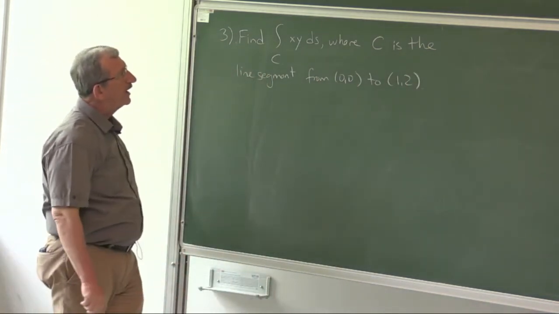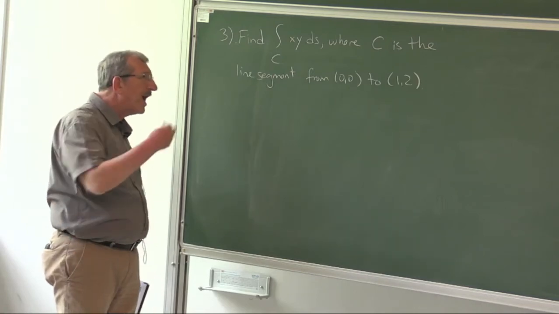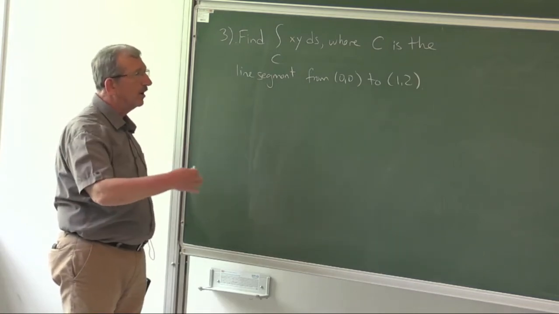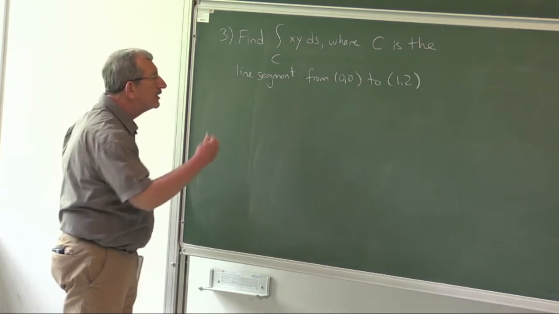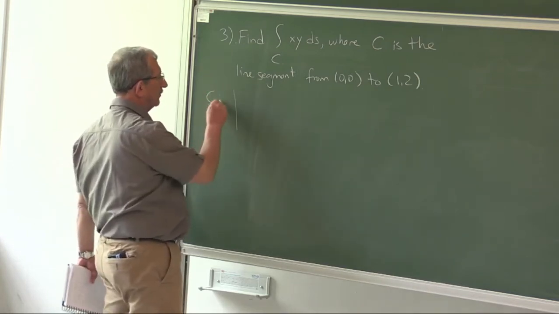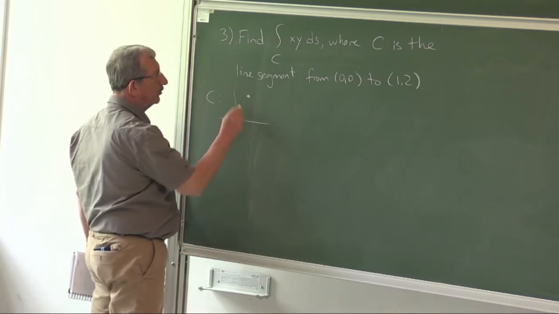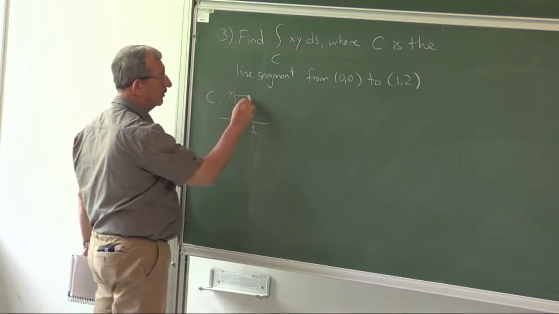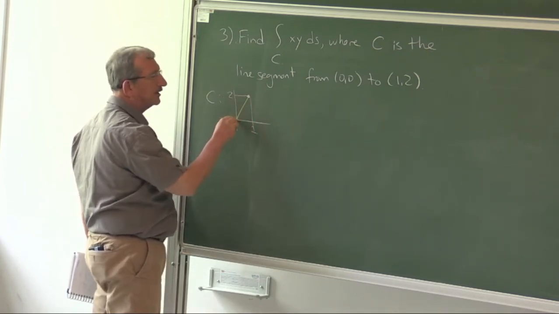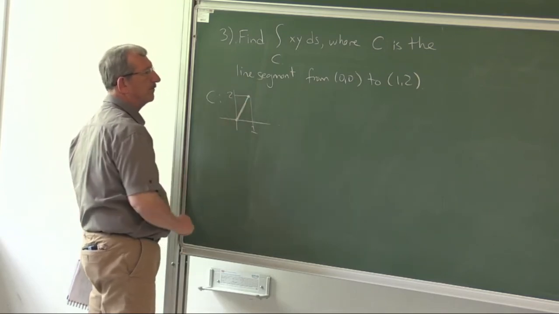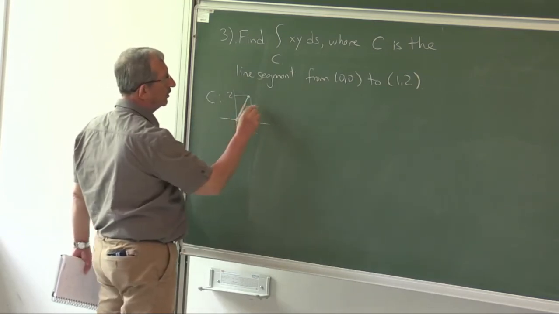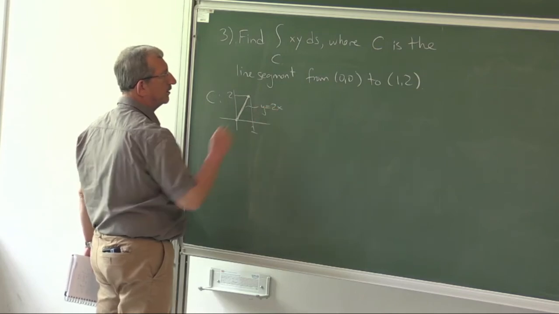Note that x and y, or the pair xy, is chosen on the curve. So let us formulate this curve first. It's from 0, 0 up to 1, 2. It's a line segment. So clearly y is 2x.